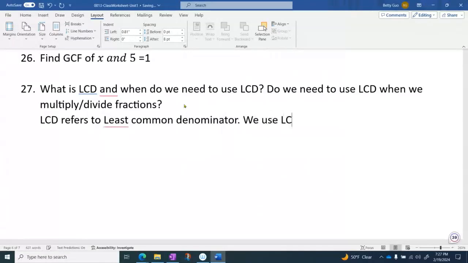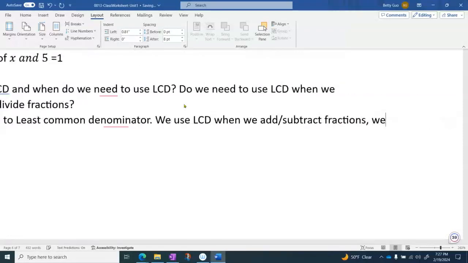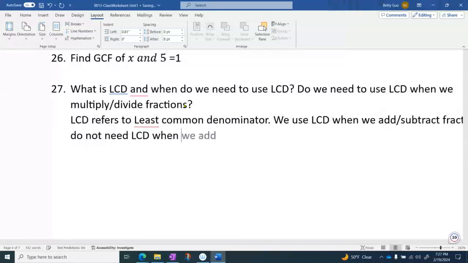We use LCD when we add or subtract fractions. We do not need LCD when we multiply or divide fractions.